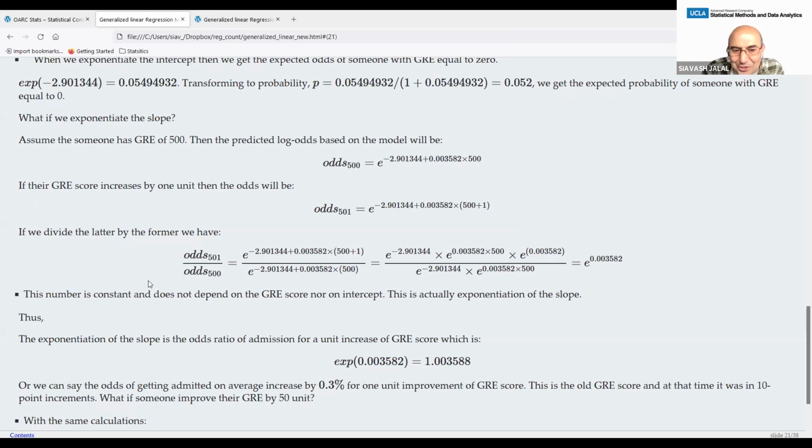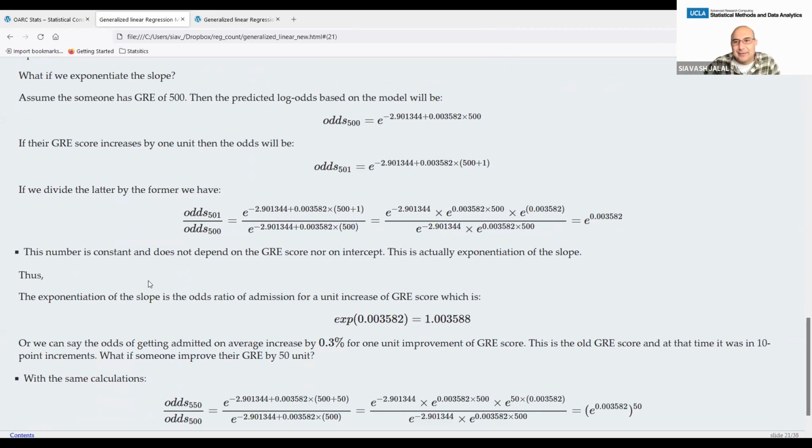And this odds ratio is constant no matter what GRE score is, right? Again, the odds ratio is ratio of the odds from some value to another value. So it doesn't matter what value here it is, that still is odds ratio.